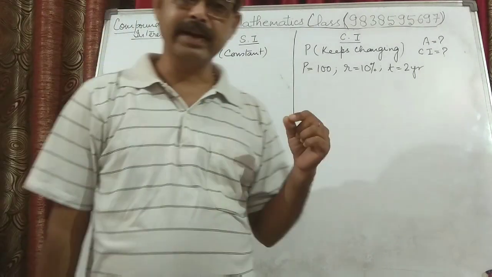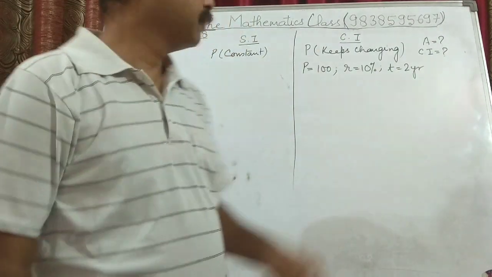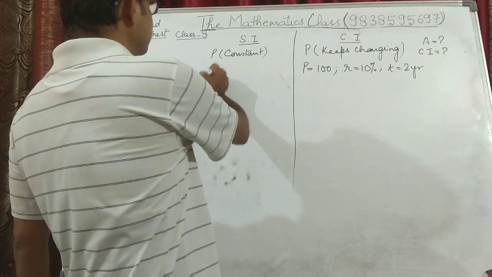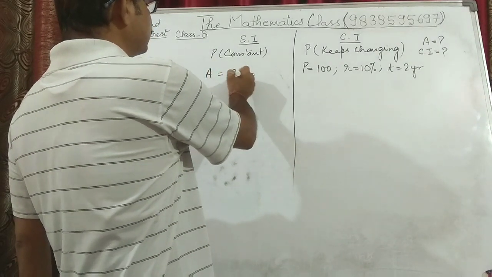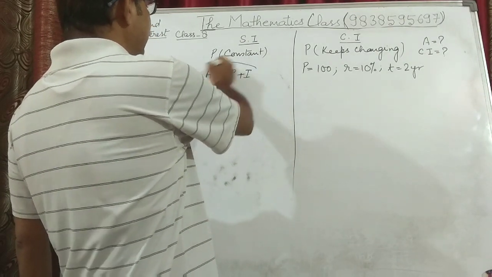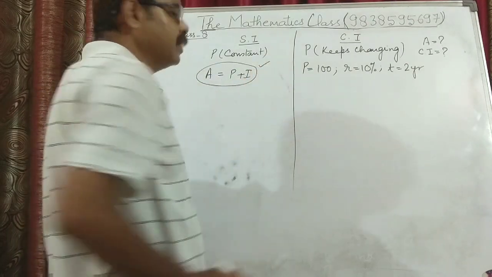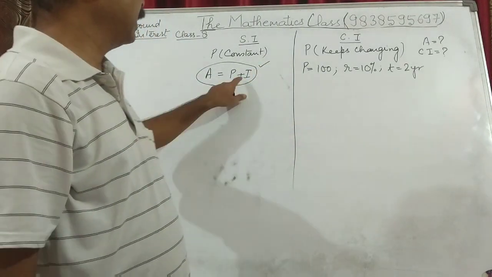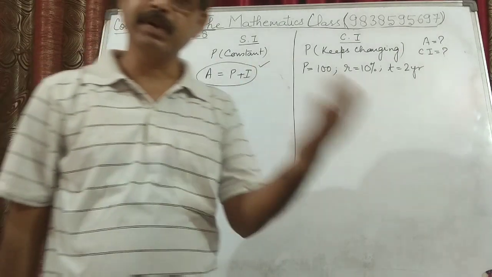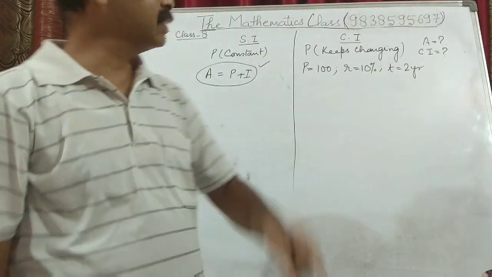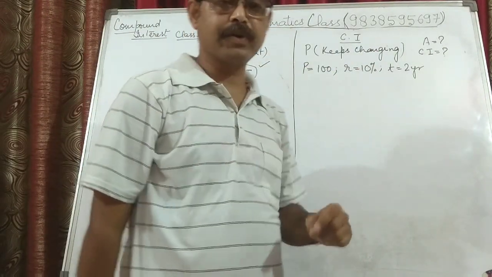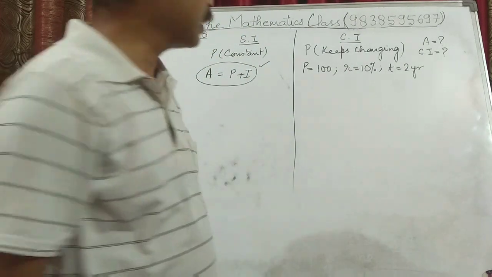In order to find the amount, we know that amount is always equal to principal plus interest. It means we need to find the interest. Interest can be simple interest or compound interest. But since here we are talking about compound interest, we will find the compound interest.